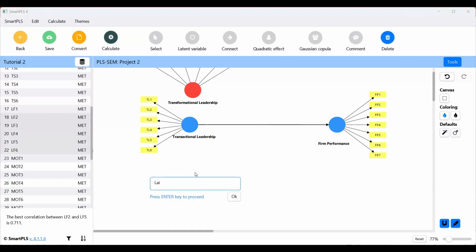So this is laissez-faire. I don't know if the spelling is right. Friends, is it LAI, something like this?